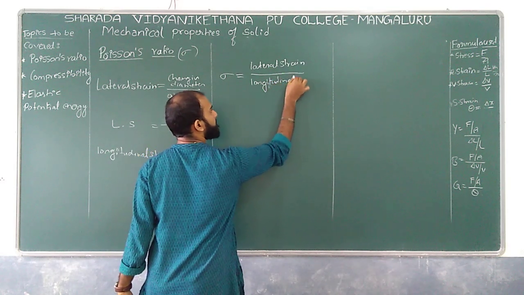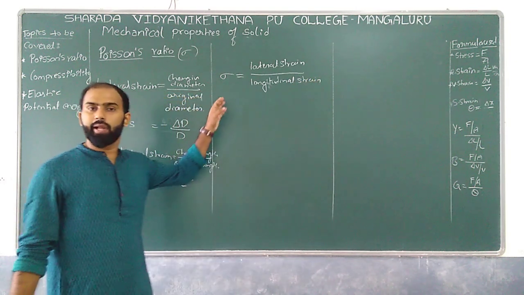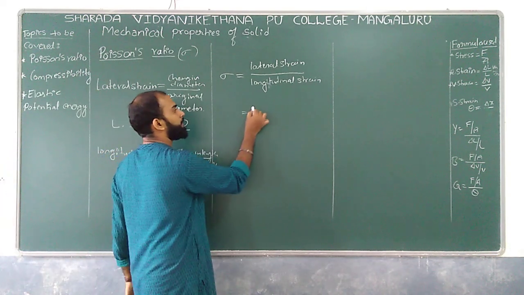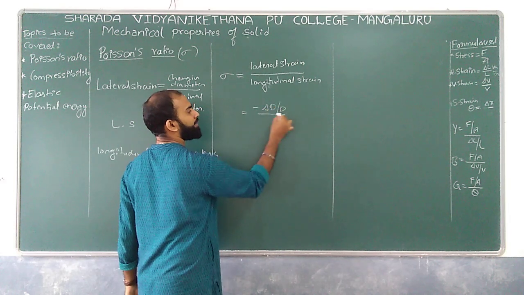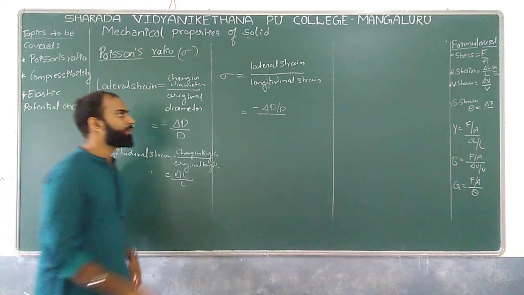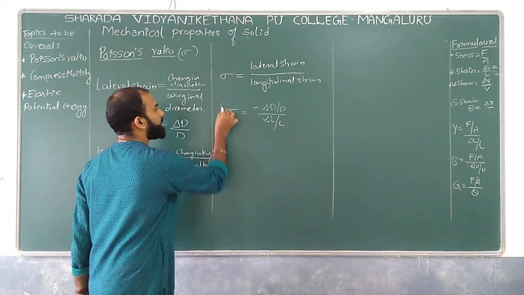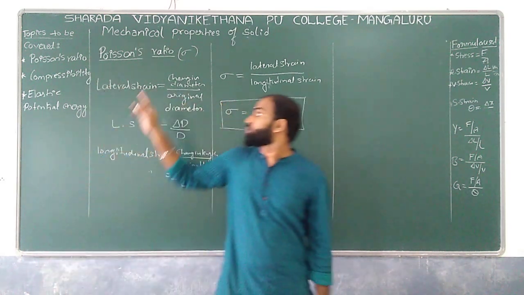The lateral strain is minus delta D divided by D, and the longitudinal strain is delta L divided by L. So this is the formula for Poisson's ratio.